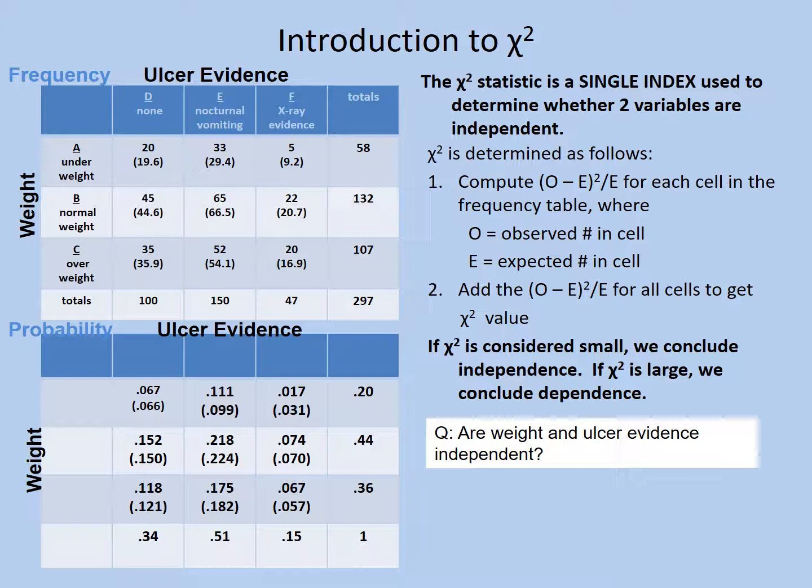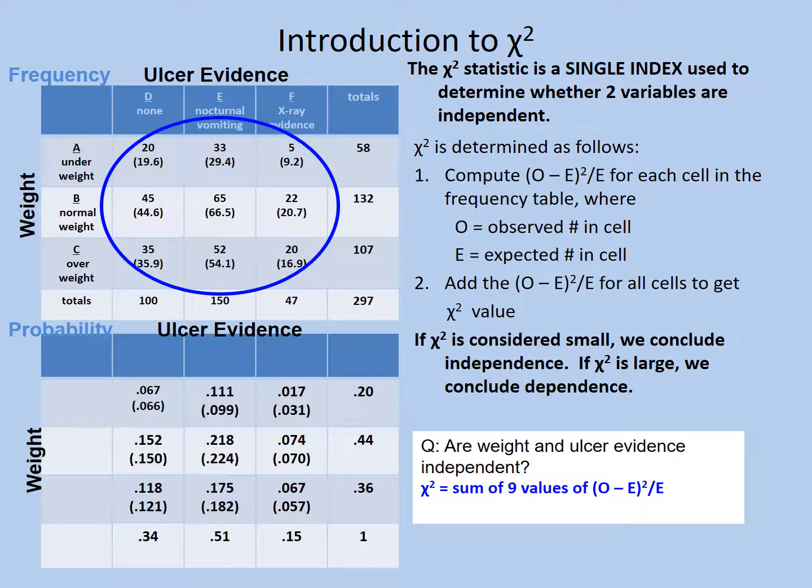So, based on the formula for the chi-square statistic that we have just described, and on the data relating the variables weight and ulcer evidence, can we now say that weight and ulcer evidence are independent variables?